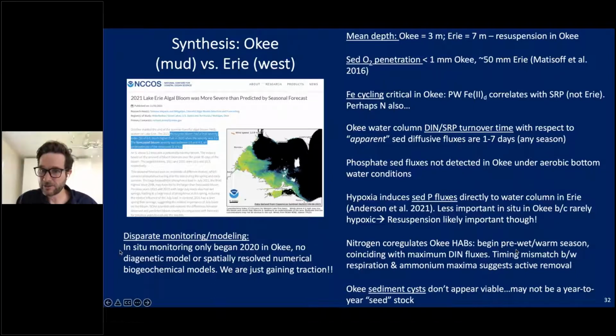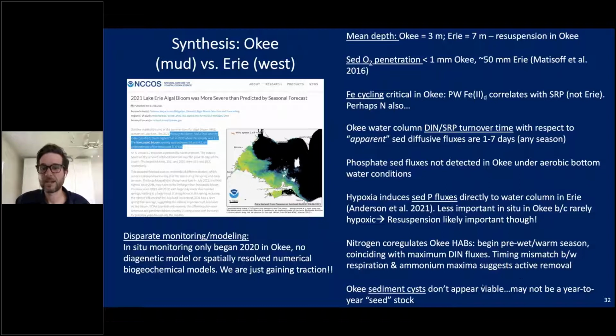We think that nitrogen co-regulates the Okeechobee algae. We saw the bloom really begin prior to the wet season. So it seems like this internal loading is perhaps more important in Lake Okeechobee than it is in Lake Erie. And we also see this timing mismatch between sediment respiration and ammonia maximum that suggests that the nitrogen's being actively removed over time.